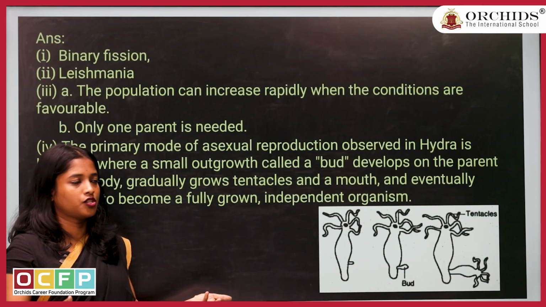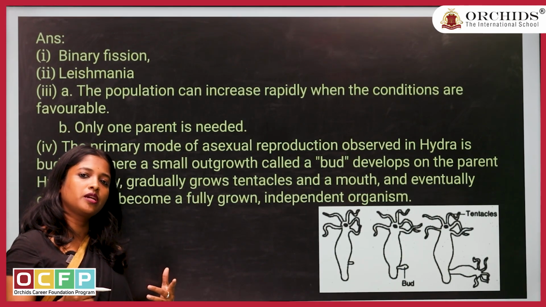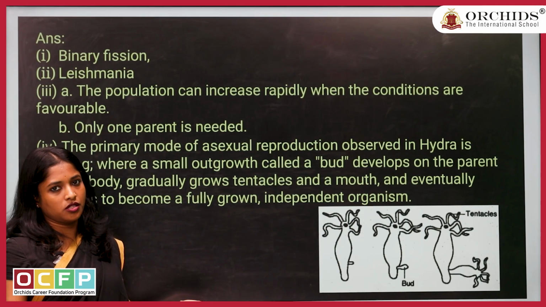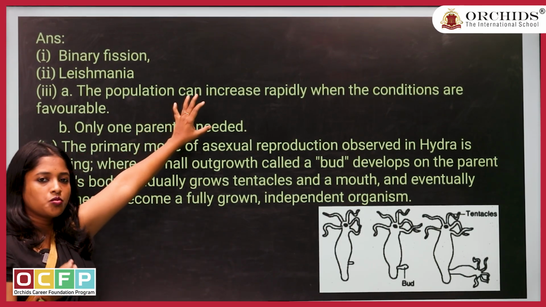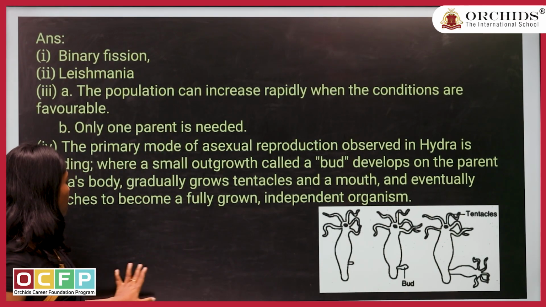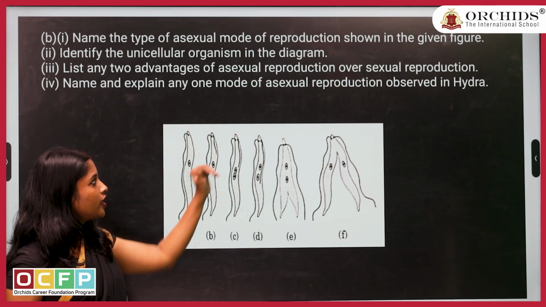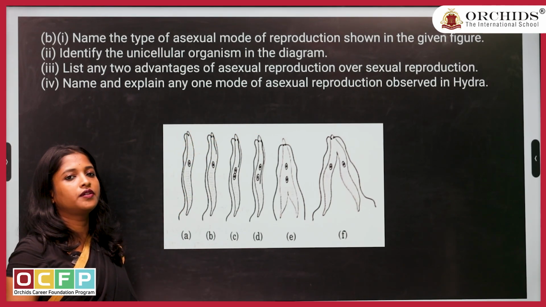That is an advantage over sexual reproduction. The second one is that only one parent is required. Not 2 parents are required here. If you write these 2 small points, you will get the complete mark. The fourth question was: name and explain any one mode of asexual reproduction observed in Hydra.